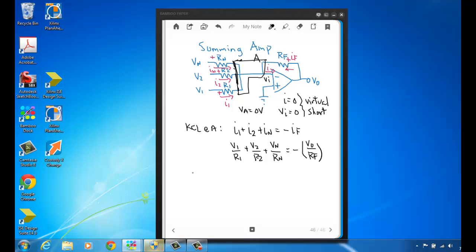Alright, so now if we just go ahead and solve for V0, you can see that V0 is going to be minus, and then we have RF over R1 times V1. Then added to that, we've got RF over R2 times V2, and then RF over Rn times Vn.